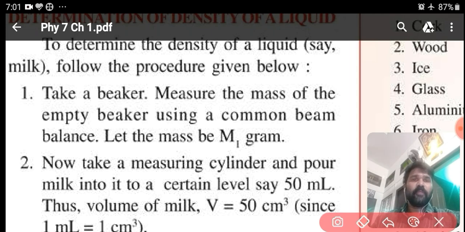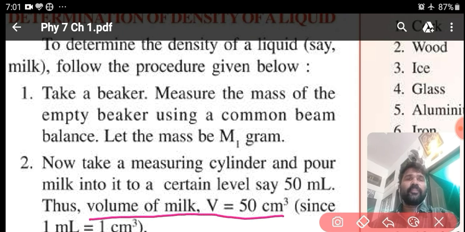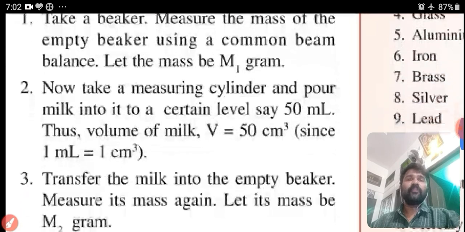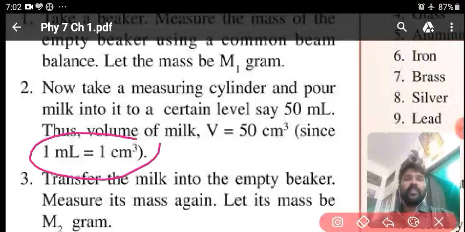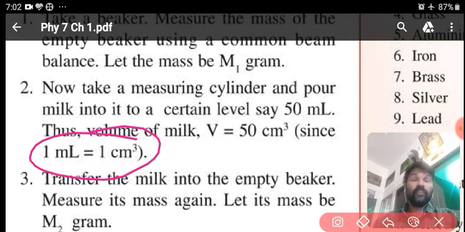Just 50 ml of milk you pour in the cylinder. Thus the volume of milk V is equal to 50 centimeter cube. Why? We know that 1 ml is equal to 1 centimeter cube. That's why V is equal to 50 centimeter cube.